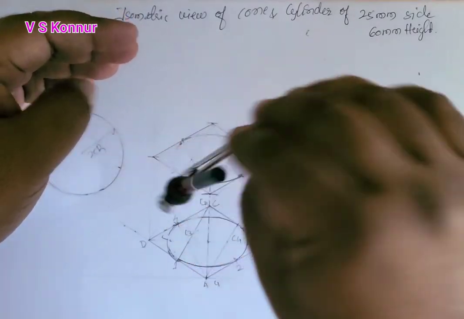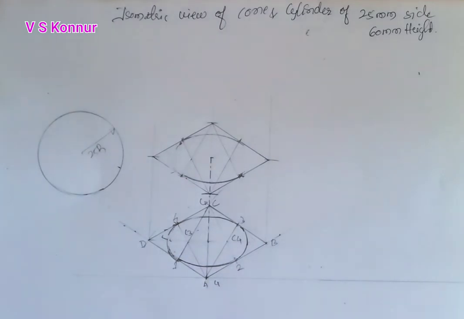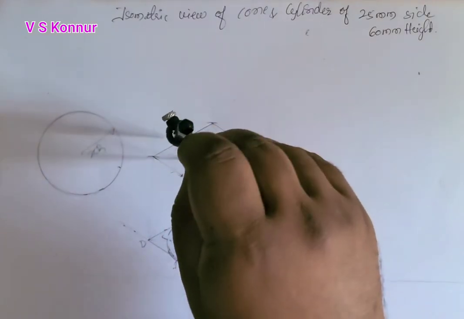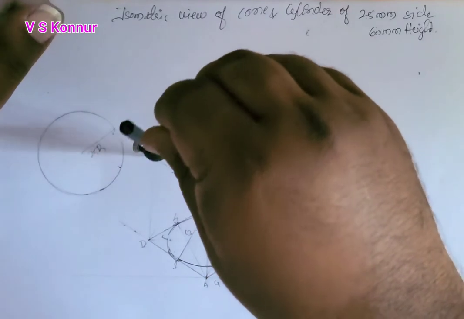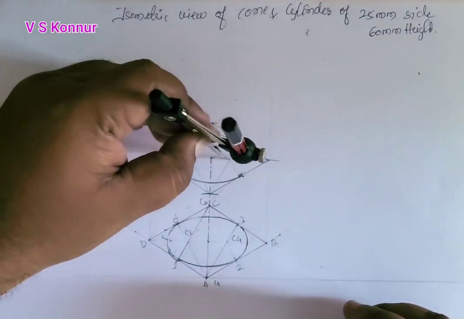It is difficult to draw here, but still you have to draw. You have to adjust your divider, then only you will get it. Just a small variation is there.